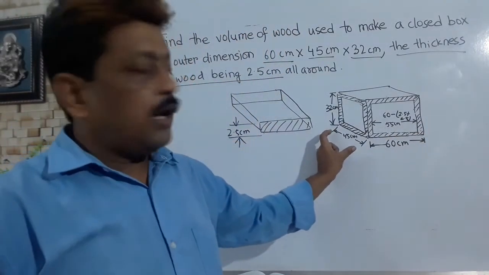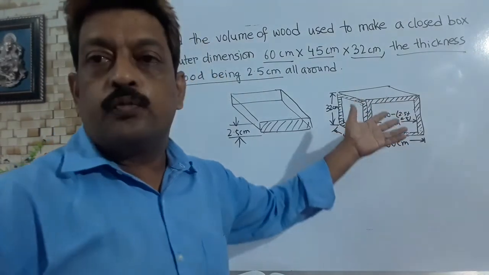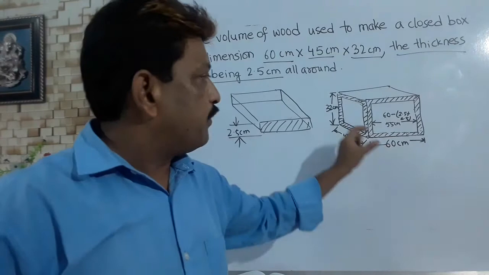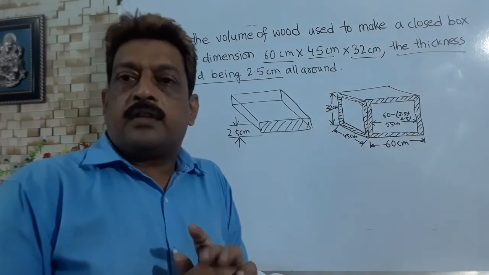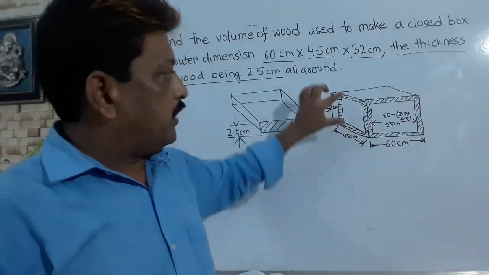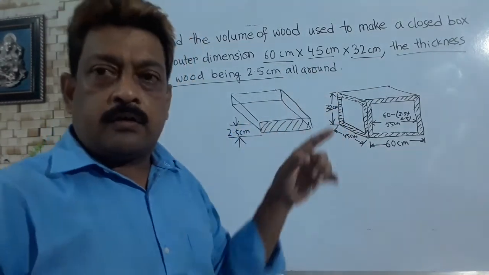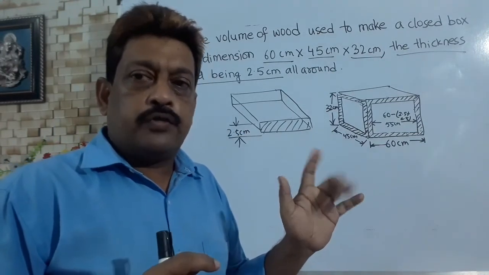Similarly, for inner breadth, we have to subtract 5 centimeter, that is 2.5 plus 2.5 centimeter, from the outer breadth. So it will be 45 minus 5 centimeter, that is 40 centimeter. And same case with the height: inner height will be 32 centimeter minus 5 centimeter, that will be 27 centimeter.